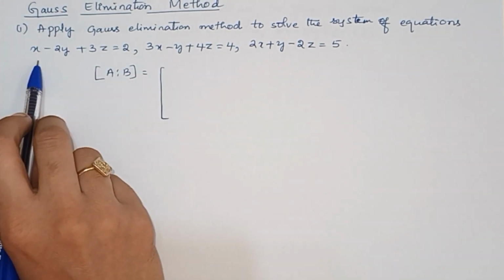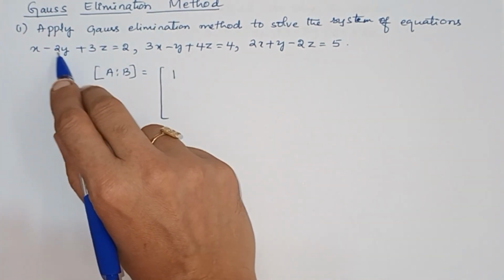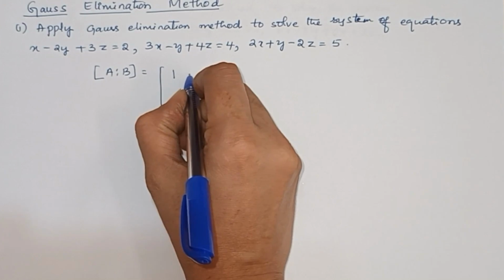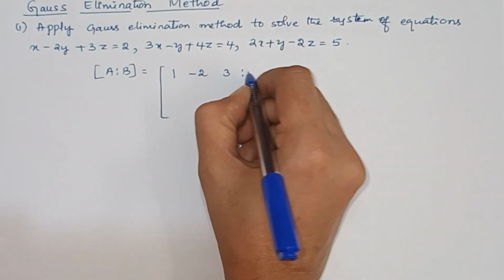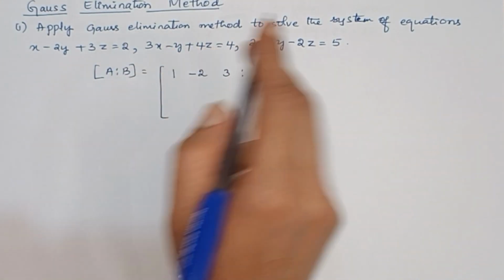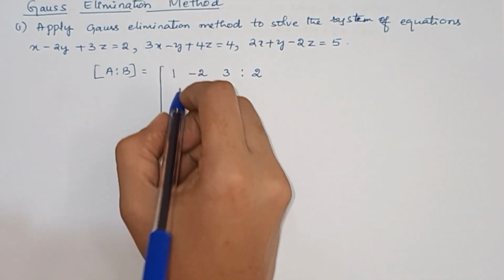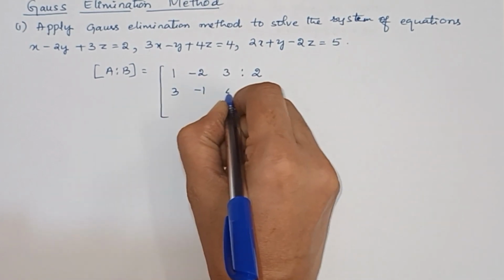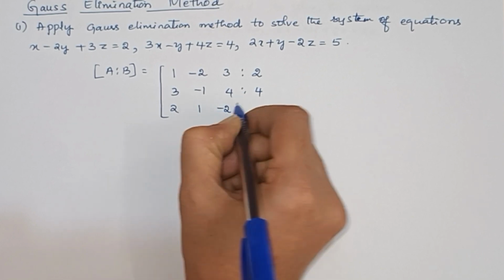So take the first equation, write the coefficient of x, that is 1, then the coefficient of y along with the sign, -2, then the coefficient of z, 3, colon, just to differentiate the constant values. So it is 2 here. Same with the second equation, 3, -1, 4, 4, then 2, 1, -2 and 5.